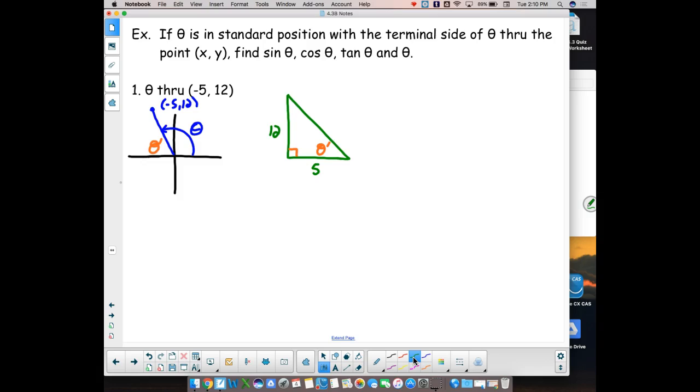Is this point, negative 5 comma 12, on the unit circle? Wake up. Is this point on the unit circle? Why not?